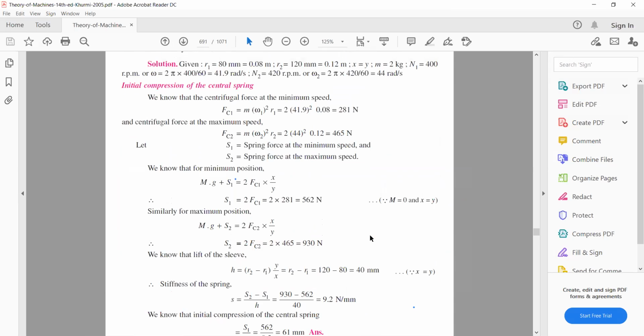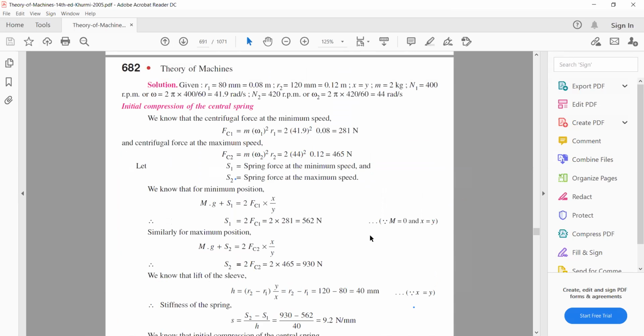Do you have any queries regarding this problem? Please respond. Roll number 76. Please respond. Yes.